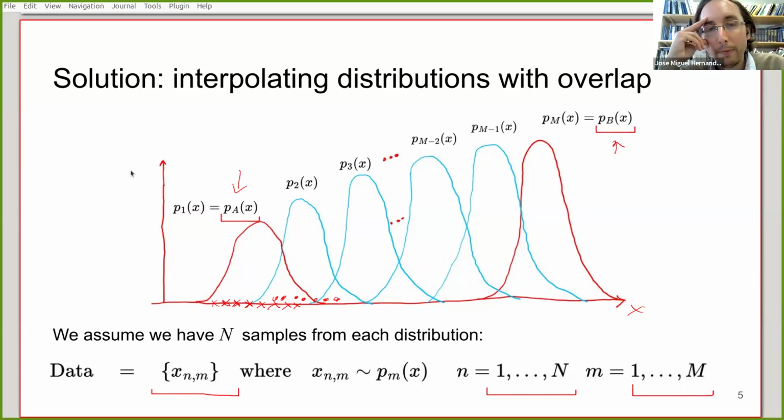And you can solve that problem very easily given the samples by solving a classification problem. Okay, if you want to solve a classification problem that separates the crosses from the circles, the optimal classifier is going to be given by the right density ratio between the distribution P2 and the distribution P1.